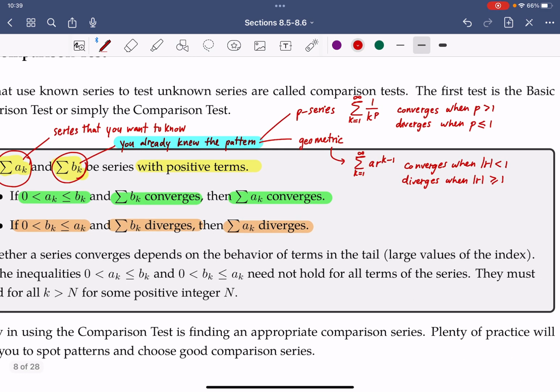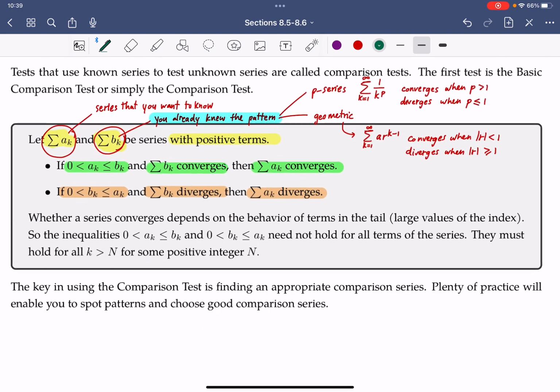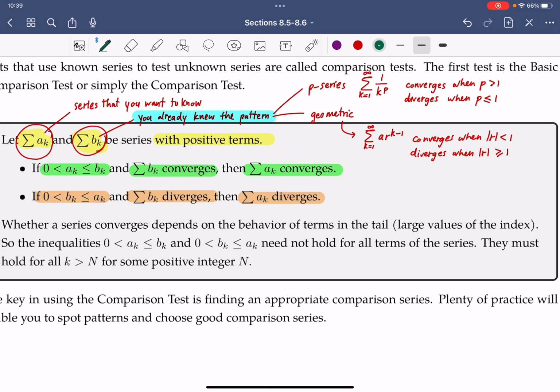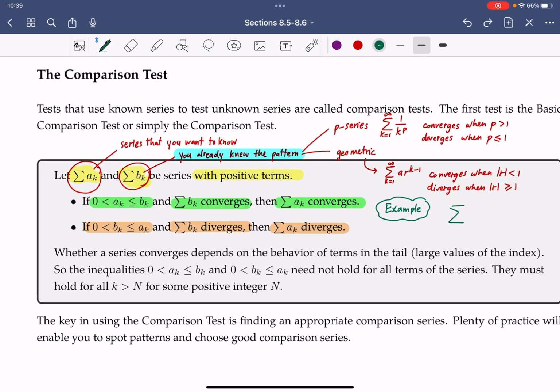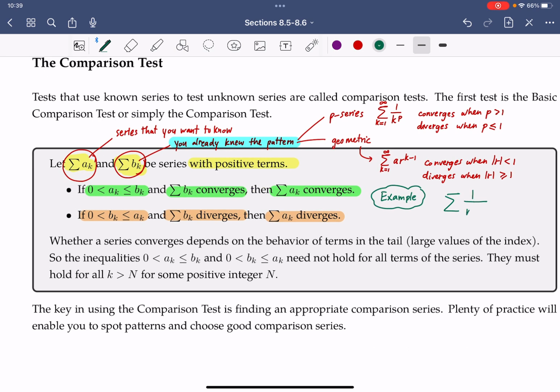Let me give you an example. Let's do a quick example here. If you recall from last time, we know the sum of 1 over K to the 3 over 2, K starting from 1 to infinity.